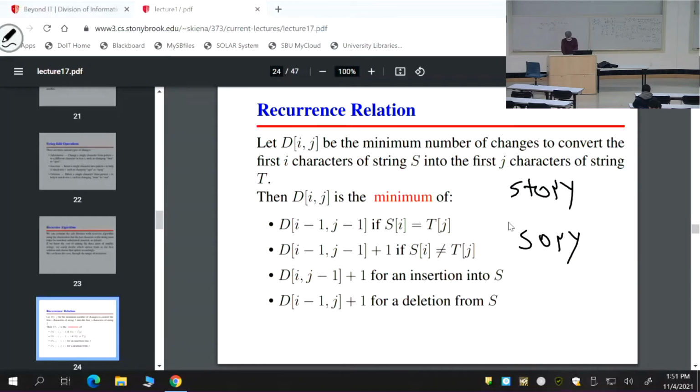The edit distance is the smallest number of changes you need to convert one string into the other. In this case, it's relatively simple. By deleting a T from the top string, or equivalently adding a T into the bottom string, you would be able to convert Stony to Sony.